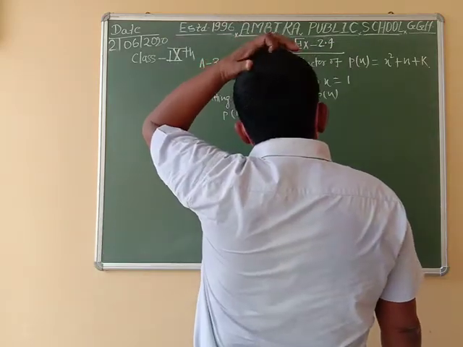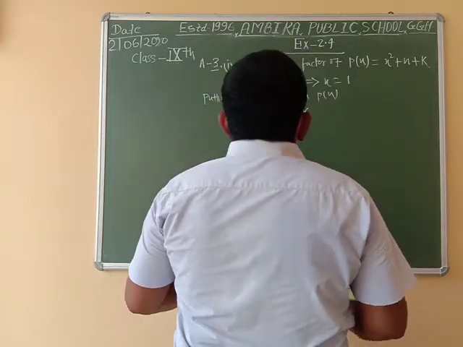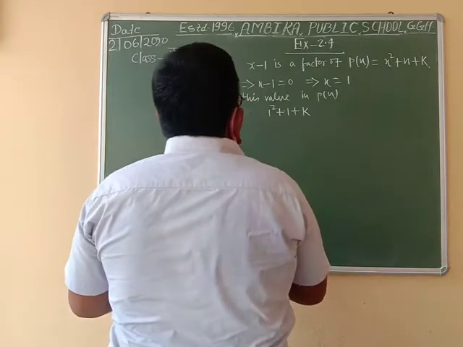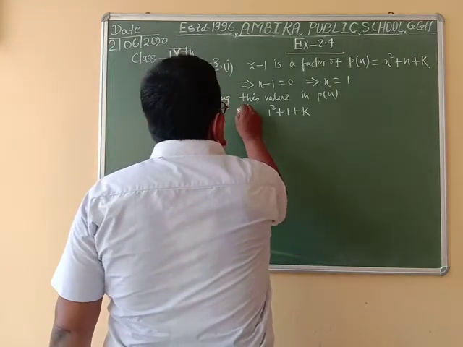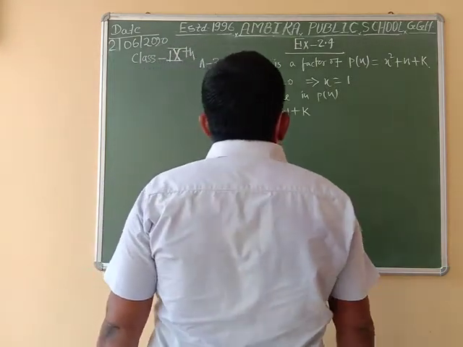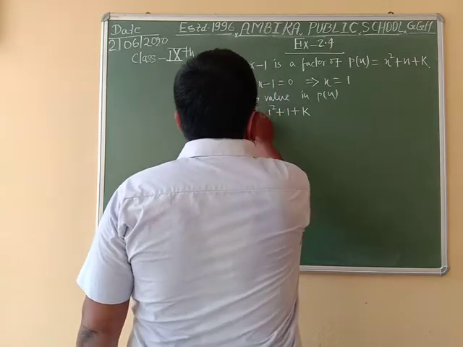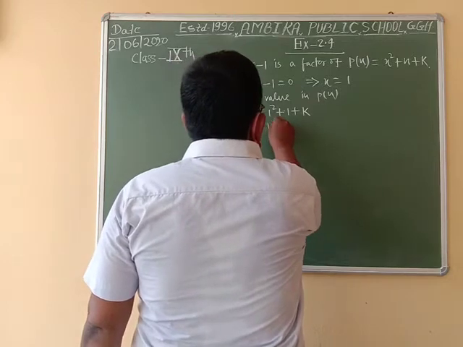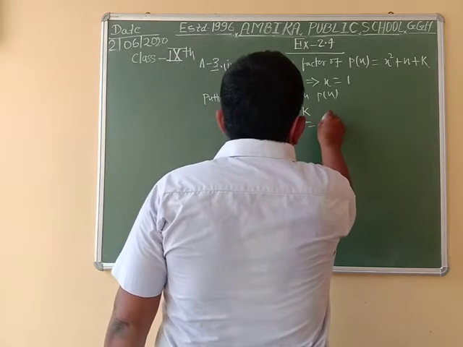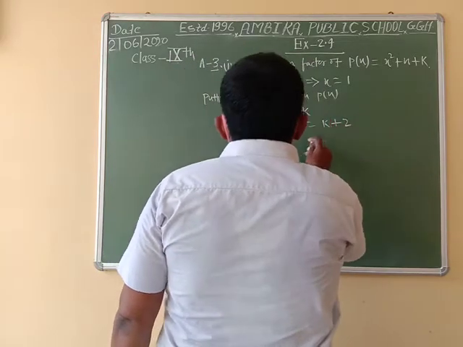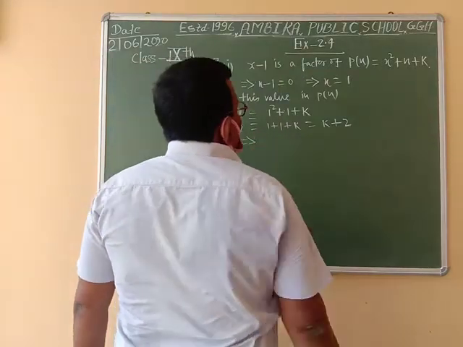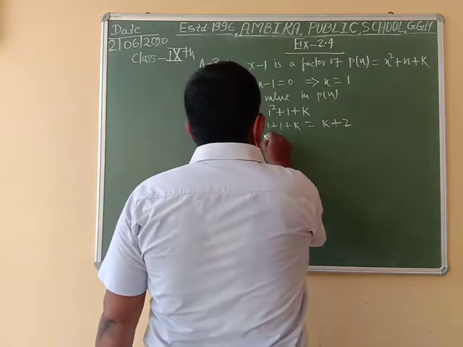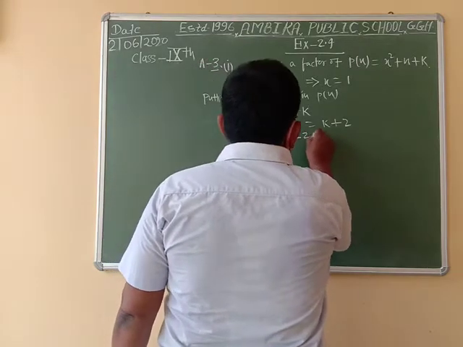So 0 is equal to 1 plus 1 plus k, which is k plus 2, so k is equal to minus 2.